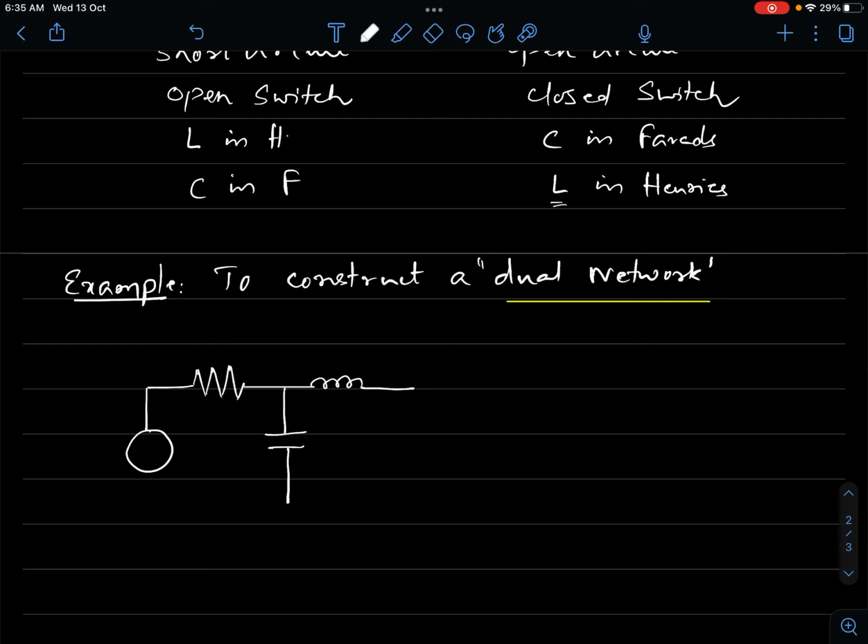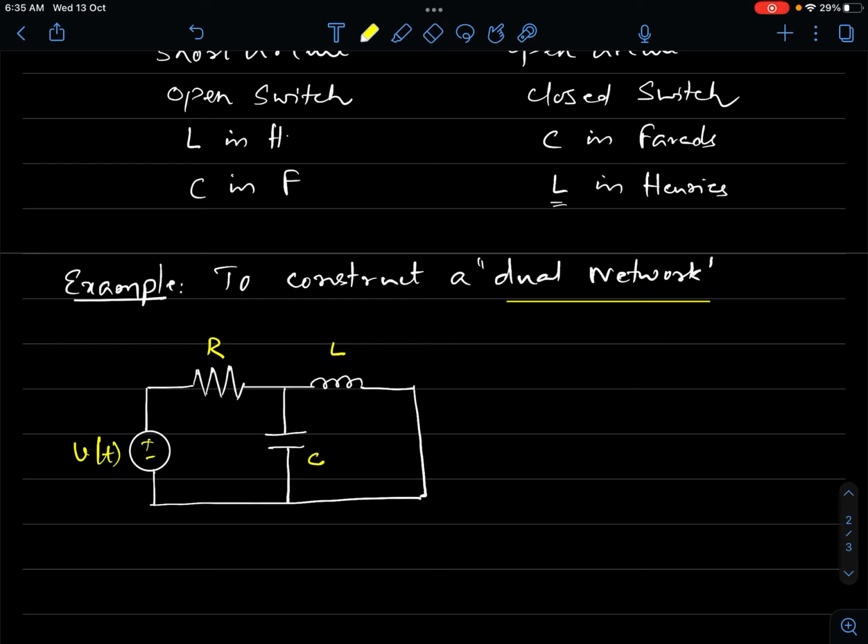I'll put a source. So the values I'll put, let this be R, let this be L, let this be C, and this is V of t. Okay. So how to construct a dual?